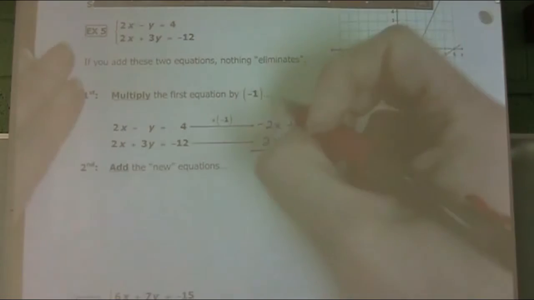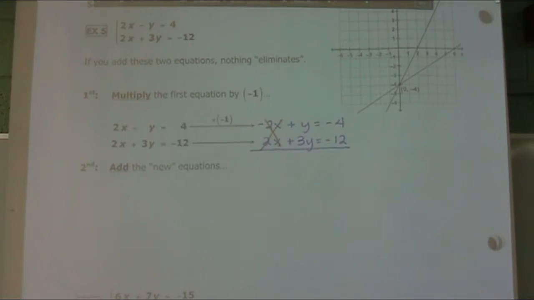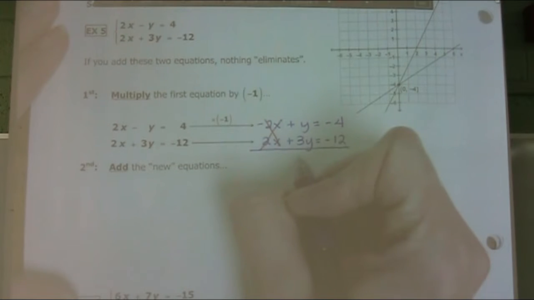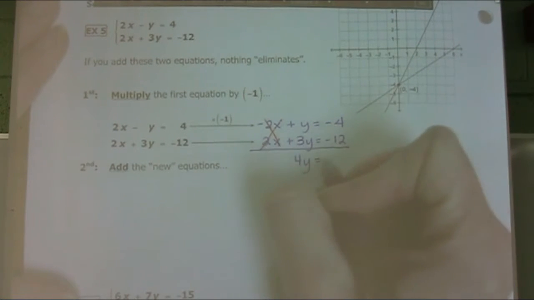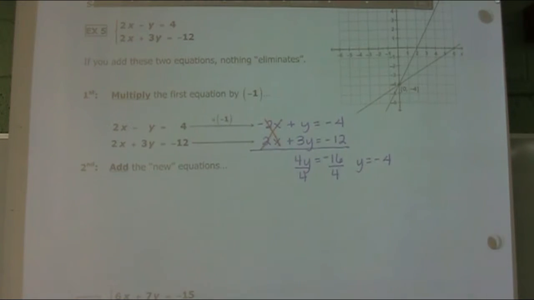When I add them, the negative 2x and positive 2x eliminate. It cancels to 0. When I add my y's, the y and the 3y give me 4y. Negative 4 and negative 12 give me negative 16. Divide both sides by 4, and I get y equals negative 4.